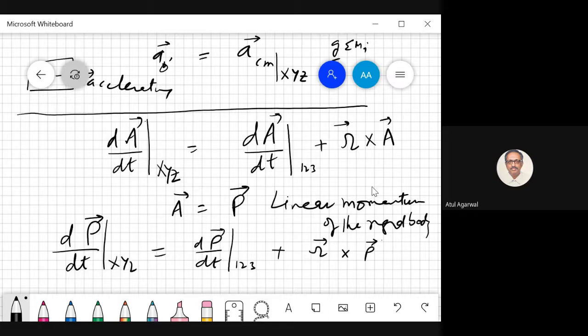This p we are measuring with respect to the 1, 2, 3 system. This A we measured with respect to the 1, 2, 3 system. Now, any doubt about this?